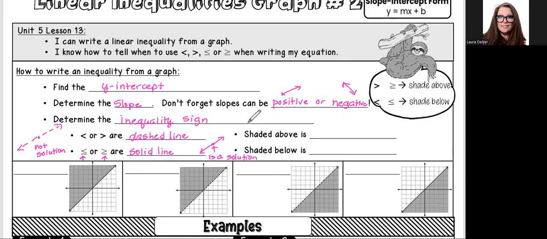That's one way we decide our inequality sign. The other is based on the direction that it's shaded. If it's shaded above, it can only be the greater than or the greater than or equals. And if it's shaded below, it can only be the less than or the less than or equals.